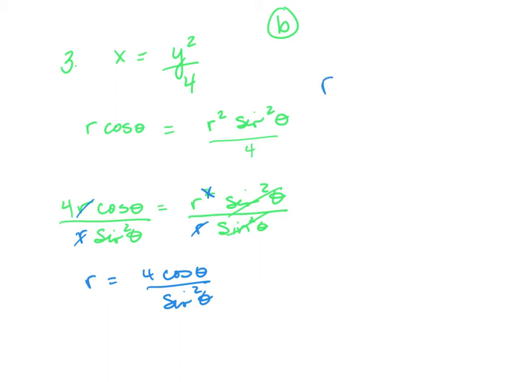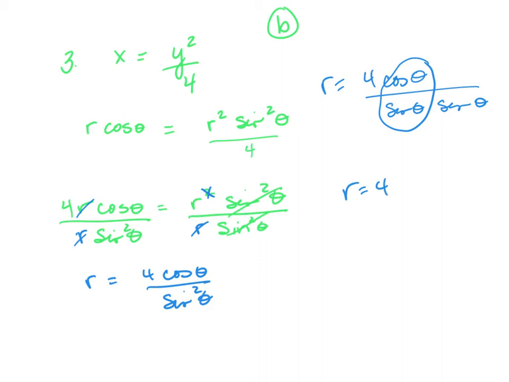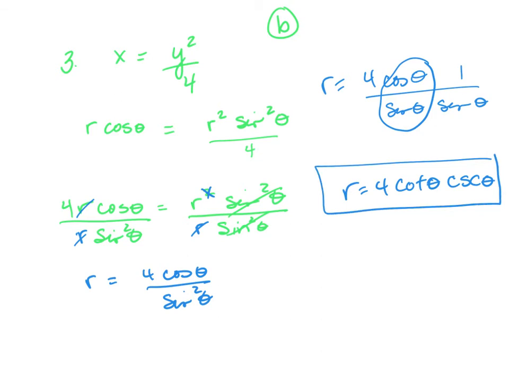And look at this as r equals 4 cosine of theta over sine of theta times 1 over sine of theta. So what is cosine over sine on your trig thing? Cotangent. And what is 1 over sine on your thing? Cosecant. So this is your cleaned up best answer.